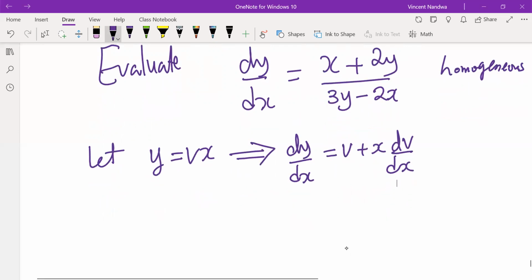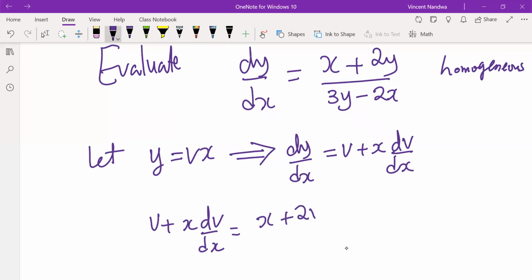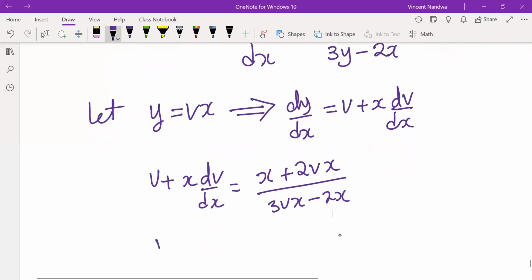So that, replacing in this equation, we'll have v + x dv/dx equals (x + 2vx)/(3vx - 2x).